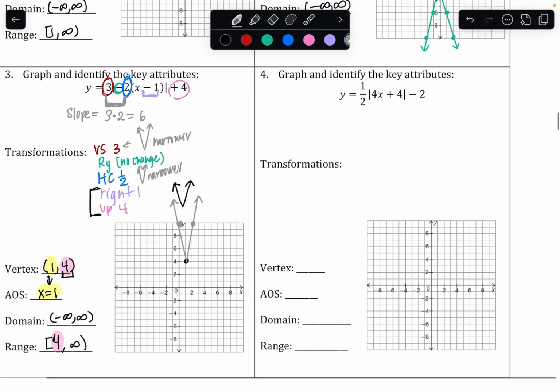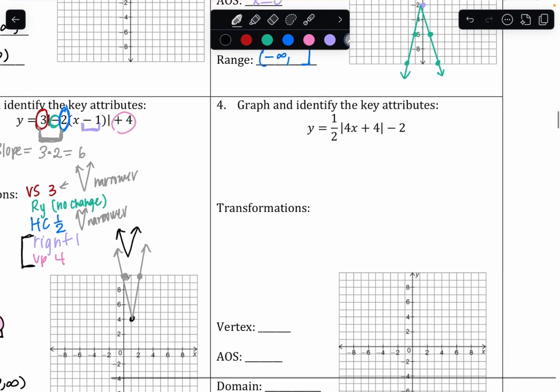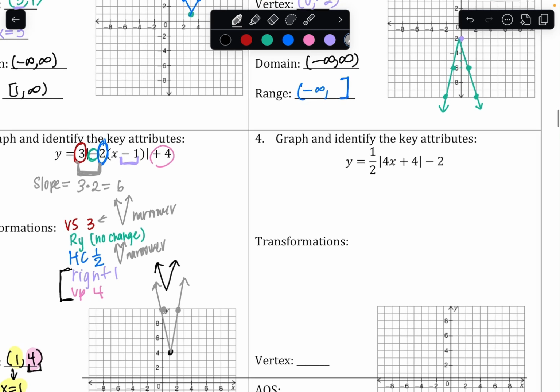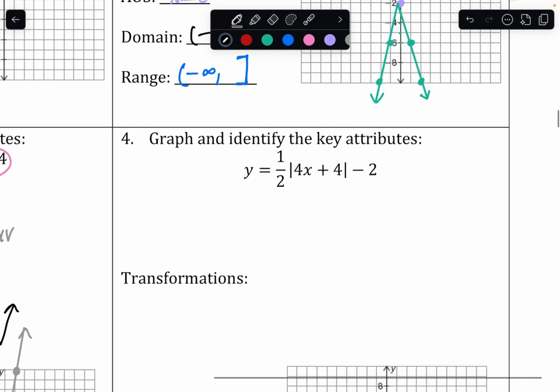Okay, and this last one is the hardest one because it's not in the proper form. Notice how I had parentheses here separating the scale factor from x. If you don't have that situation and you have a scale factor on x, you need to factor out the 4 to create that situation.